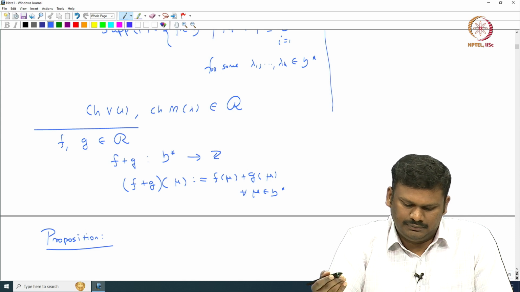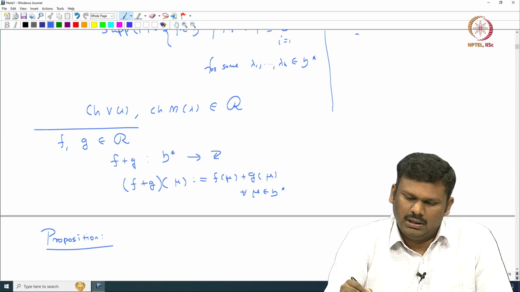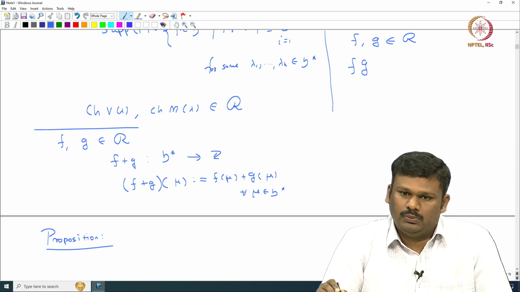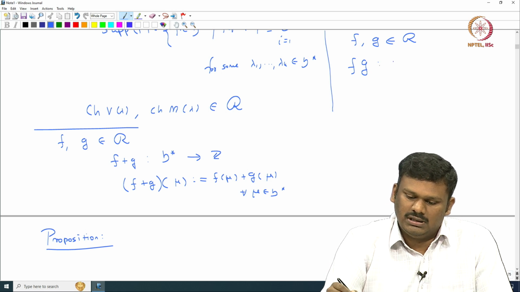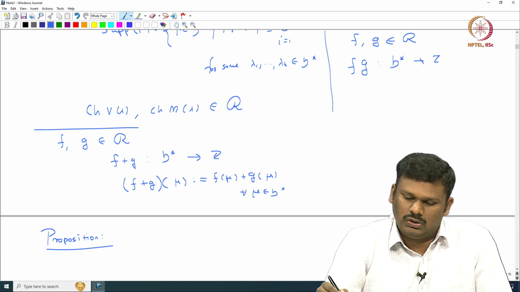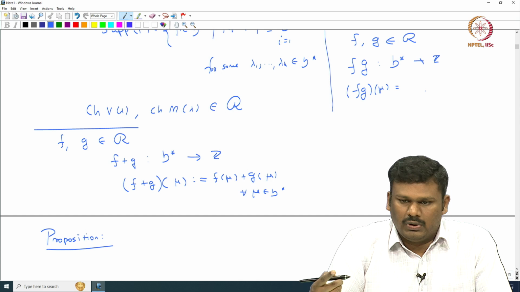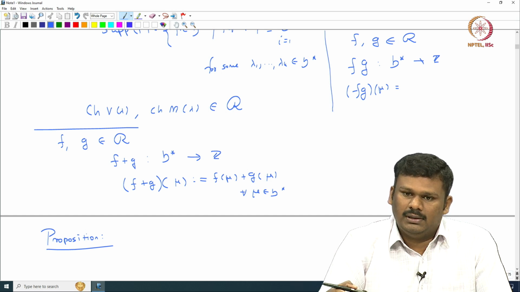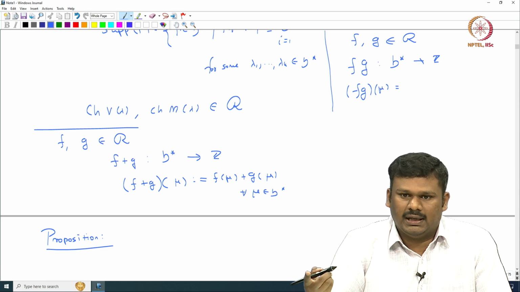So, now if we take f and g from the ring, we can also define the product, being the convolution product, f g, which is again a function from h star to Z. f g of mu is defined to be as follows. It is not the pointwise product, because if you think about it, we want to use exponential notation to denote the character. So, there we want e power lambda times e power mu to be e power lambda plus mu.